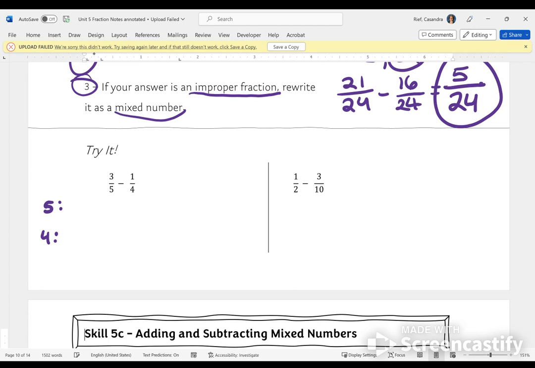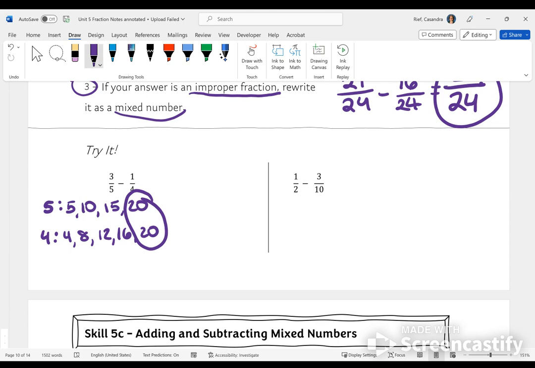Looking at 5 and 4, I know for sure I could use 20, since 5 times 4 is 20, but I'll do a quick list just to see if there's any easier options. There's my 20. I don't see anything easier. 20 it is.